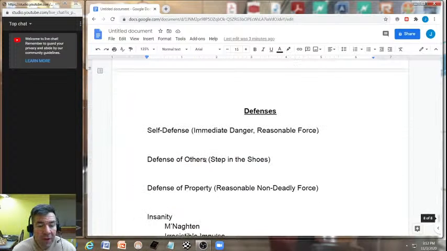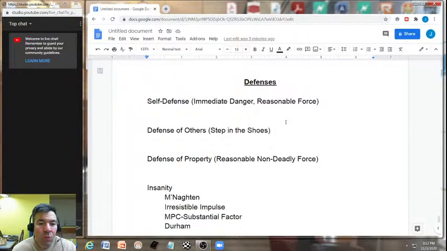Now, down to defenses. These defenses would be non-homicide type defenses. We're looking at self-defense. In self-defense, measured by an objectively reasonable person, we ask whether they believed that their life was in immediate danger and that reasonable force was necessary to meet that danger. So you assess what force you're facing and then determine what amount of force you can apply to the force that you're facing.